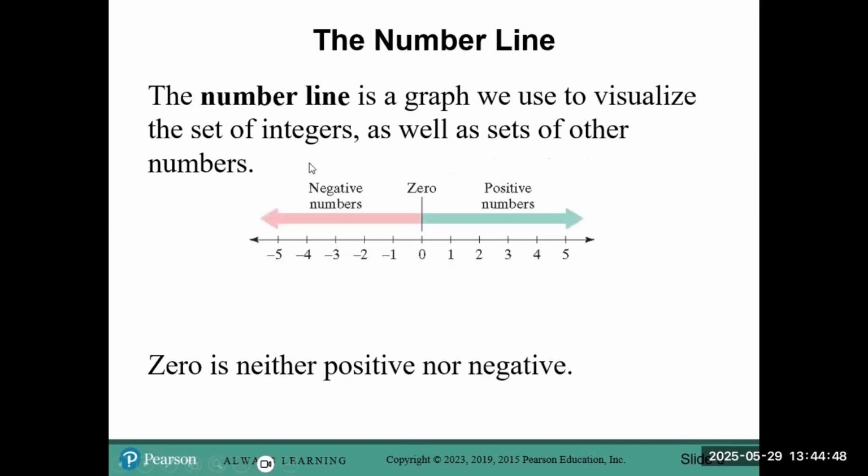We often visualize this set of numbers using a number line, and we put 0 in the middle, and then we put the positive integers on the right, getting bigger as we move to the right, and the negative integers on the left, getting smaller as we move to the left. And one thing to really notice is that sometimes it is a little bit hard to conceptualize that -1 is actually bigger than -2, and -2 is bigger than -3.